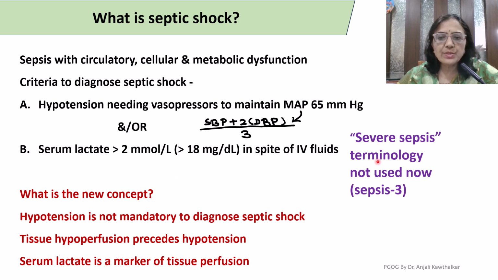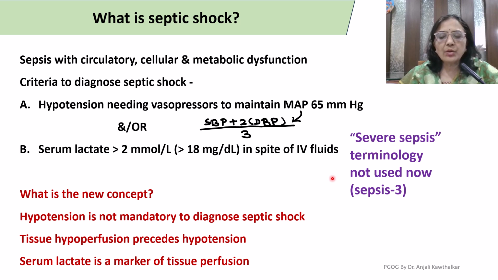Now, the severe sepsis terminology is no more being used as per Sepsis-3. We are using only two terminologies now, sepsis and septic shock. Previously, in between sepsis and septic shock, there was one entity identified as severe sepsis, but that added to the confusion.